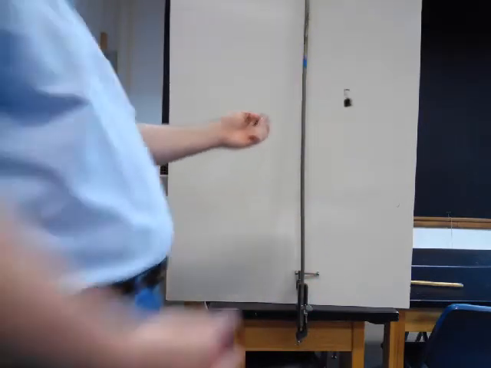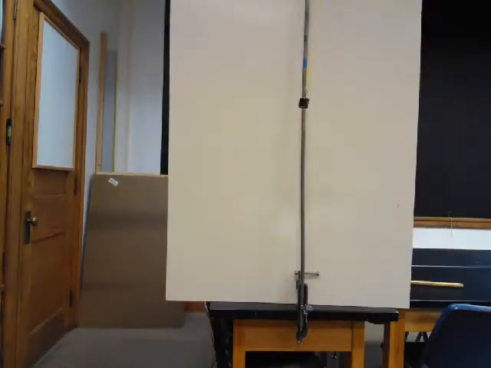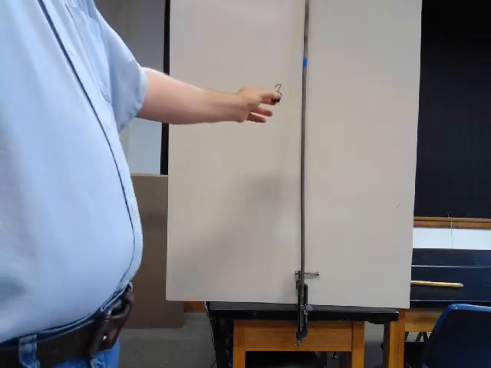So we're going to do the 100-gram mass instead of the 50. We've already done 200. This is the 100 again, and we're just going to pull it back a little bit and let it go. All right.